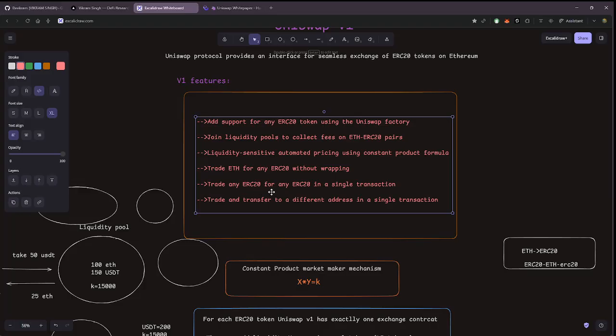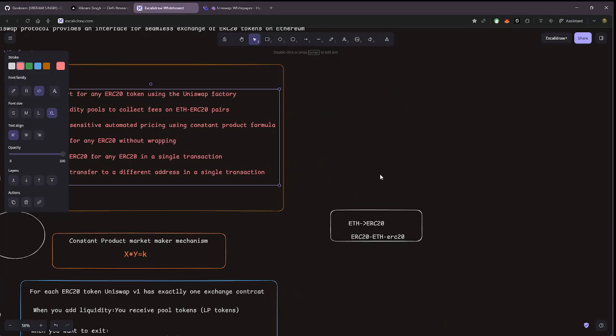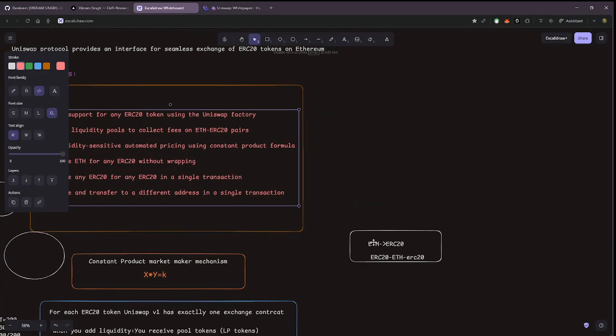Trade any ERC20 for any ERC20 in a single transaction. Normally Uniswap was made to swap ETH with ERC20, but you can also swap any ERC20 with another ERC20.